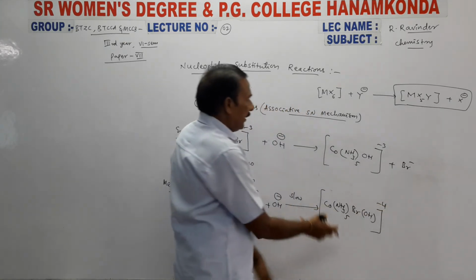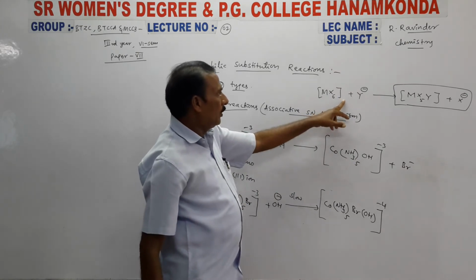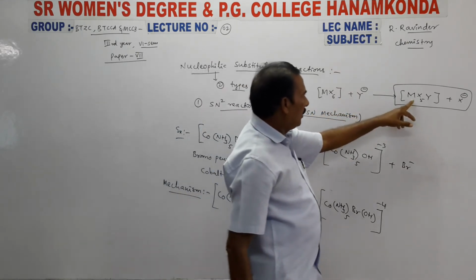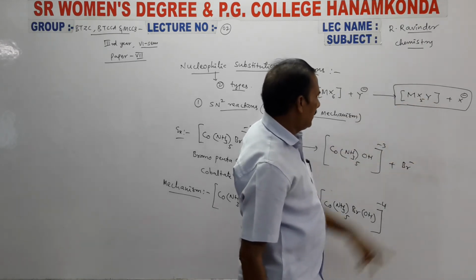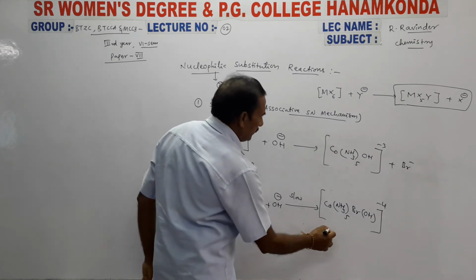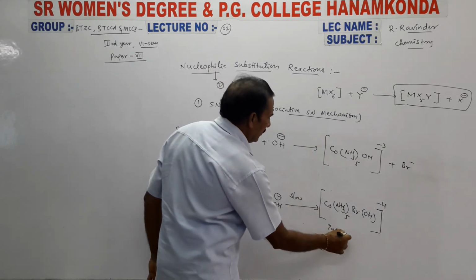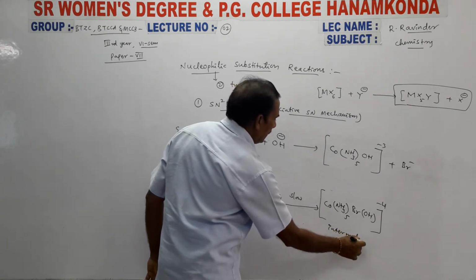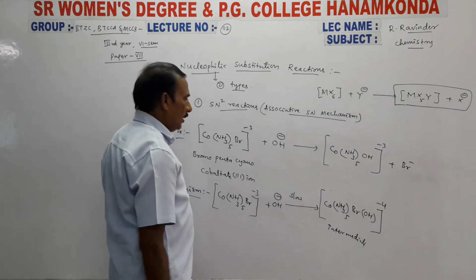It is an intermediate, like this example MX5Y6. It is also an intermediate compound. Earlier we discussed the unstable intermediate; this is the complex compound.